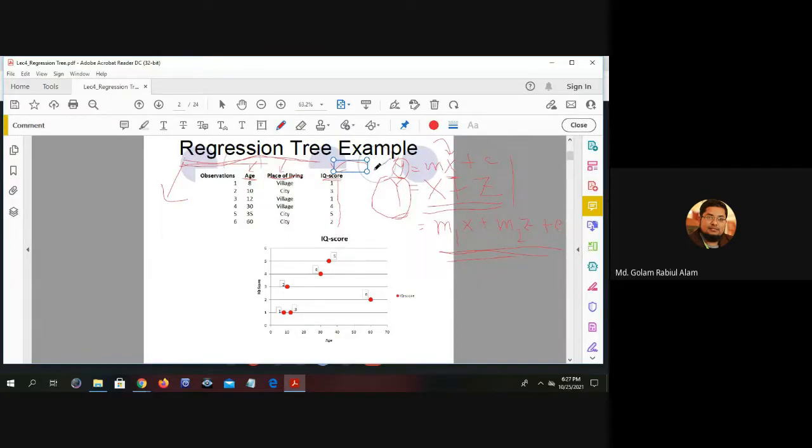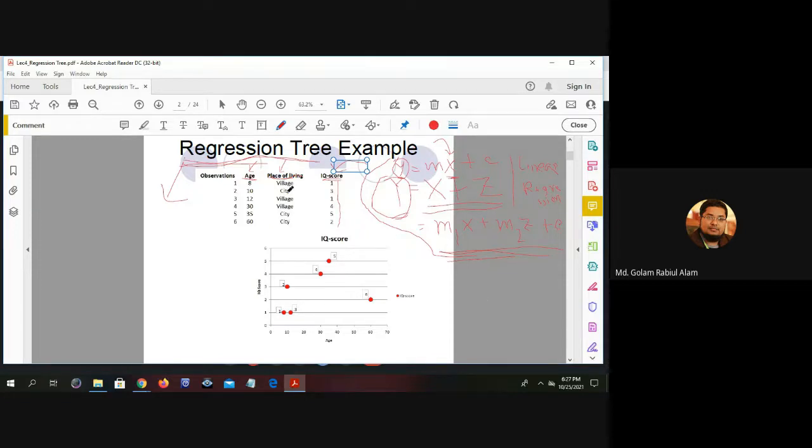In the case of linear regression, we use line equations, like this kind of linear equation.